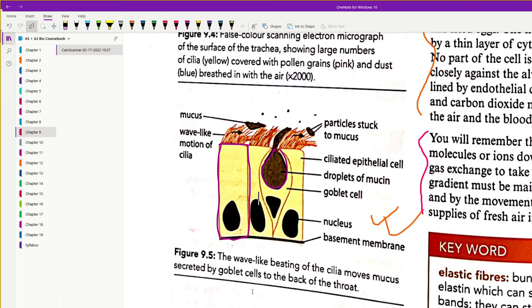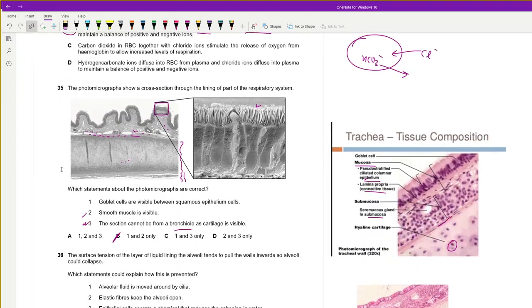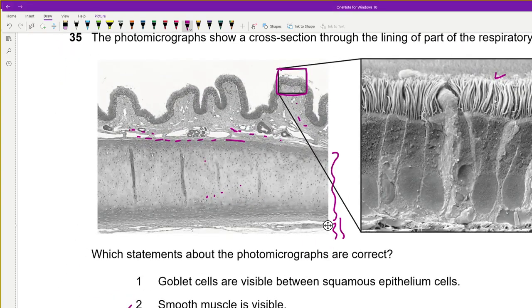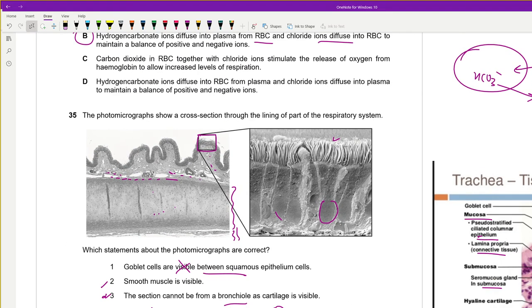And it's actually goblet shaped, so it will be thicker on the upper portion. Here, no one's really thick on the upper portion. Everyone has cilia, and the nucleus is located over here. No cell looks like this. There's no goblet cell here. Okay, so we cannot see them between. It's not visible. That's why 1 is wrong. We're gonna go with 2 and 3 only.